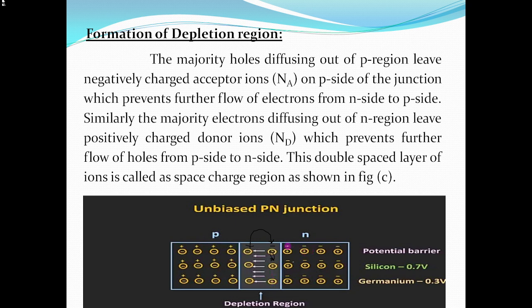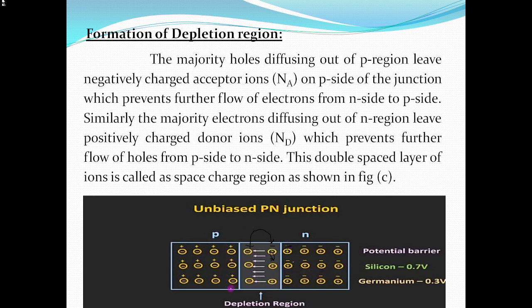Now this electron wants to cross the junction. But the electron has which charge? Negative charge. On the P side we have negative charge. So this negative repels, and the electron stays here only. It cannot move from the N region to the P region.